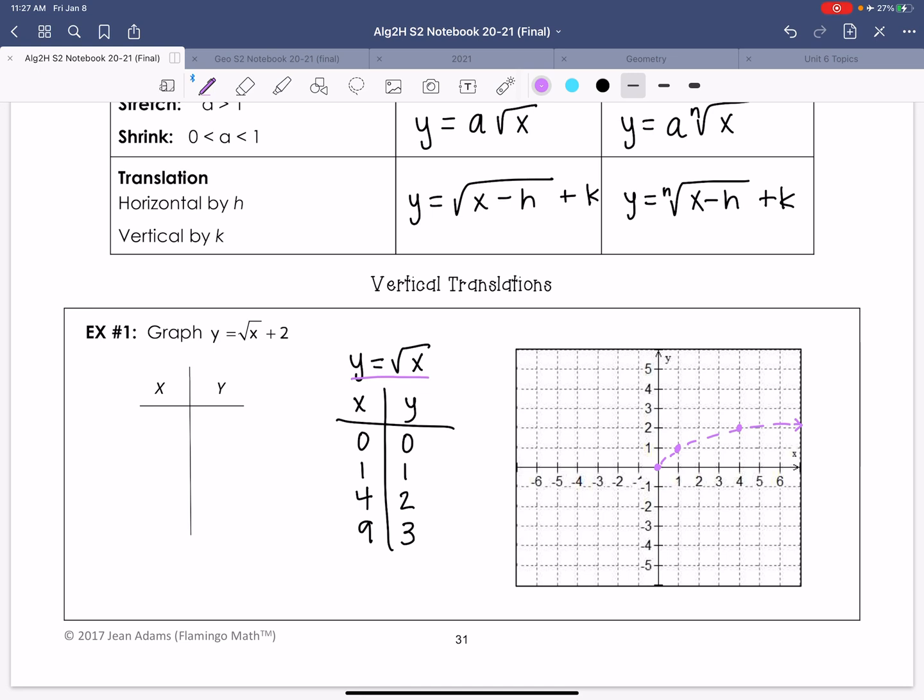So notice this graph right here, if I were to draw the other side, gives me a sideways parabola. And we know a quadratic function gives us a parabola. So this is still just a parabola switched on the side, and it's only half of it to keep it all real.